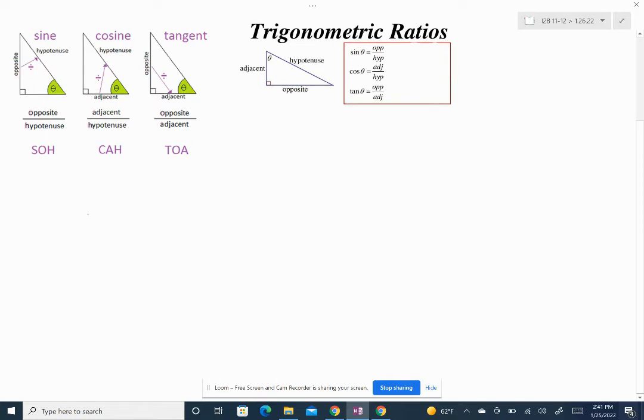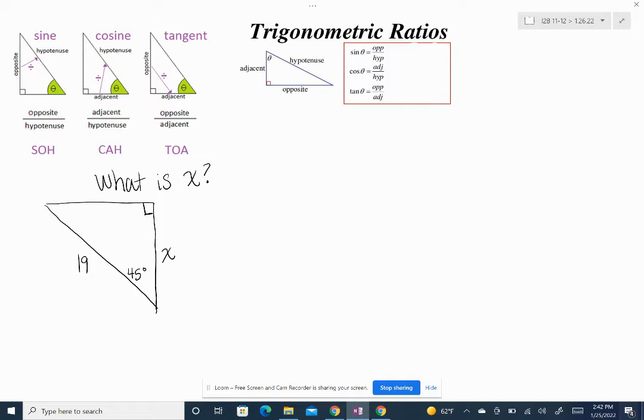Okay, so let's say we had an example. So we need to determine what x is. Okay. So if we're trying to find x, we could use our trigonometric ratio.